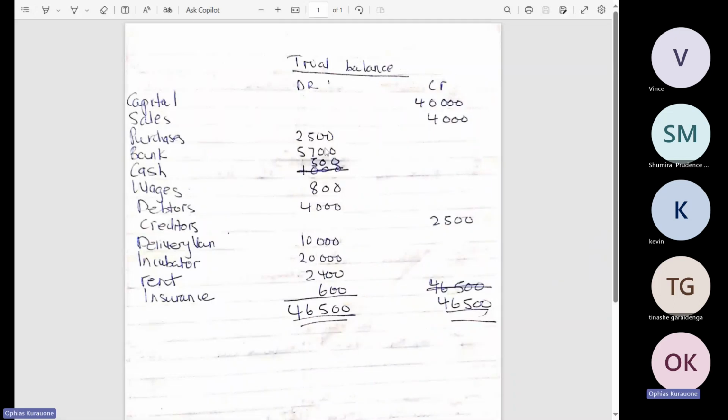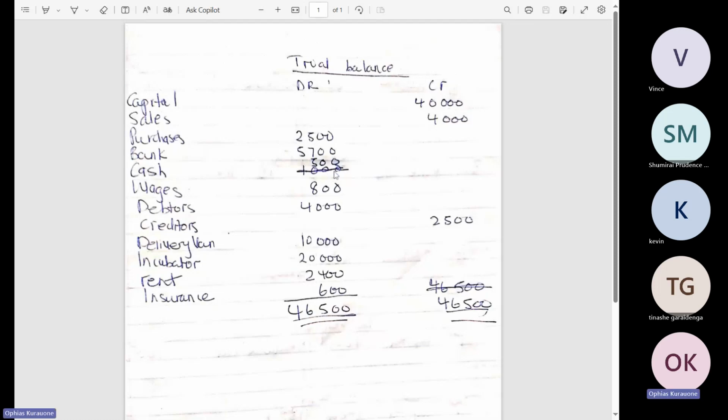From this trial balance, now we can prepare the profit and loss account. And you can now prepare the statement of financial position, which is the balance sheet, from this trial balance. So here we are just taking the closing balance, which we record here on the trial balance.